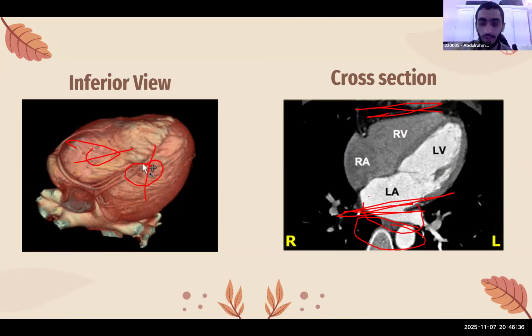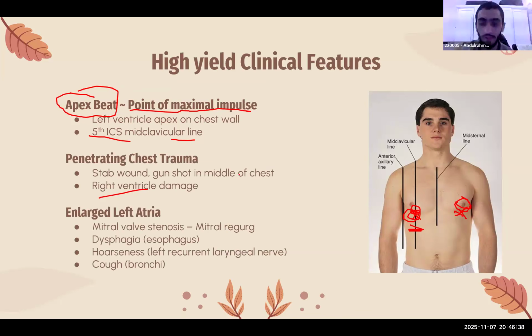One of the important things that it would compress is the esophagus, which would lead to dysphagia, or difficulty with swallowing, because you're constricting the esophagus at that place. Hoarseness of the voice, because there is a nerve called the left recurrent laryngeal nerve, which goes beside the esophagus. So if there is compression on that nerve, you're going to get hoarseness. And then the bronchi of the lungs: if you compress the bronchi, you're going to have difficulty breathing, and with some difficulty breathing, you can get a cough.